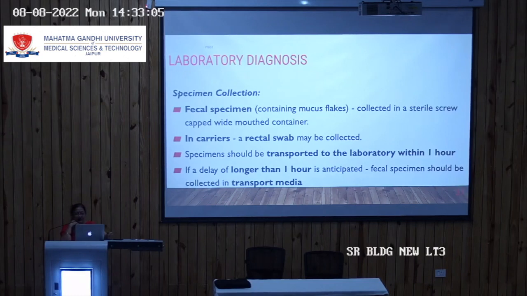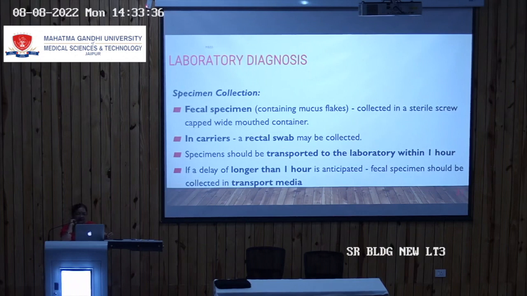It is collected in a sterile screw-capped wide mouth container. In carriers, like norovirus, and even in salmonella, there are carriers. In such cases, because they are not passing diarrheal stool, rectal swabs can be collected. Rectal swabs are not the sample of choice.